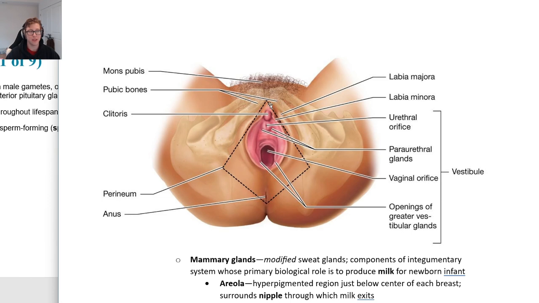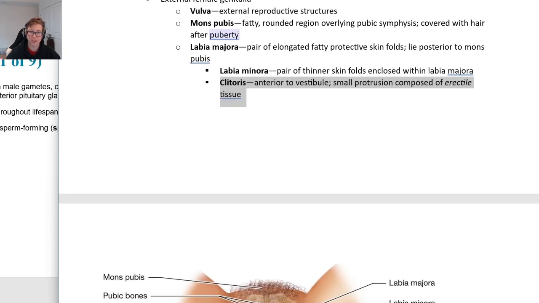So labia majora, labia minora, the clitoris. This is the urethral orifice, where the urethra, urinary system, the vaginal orifice, which leads into the vagina, the perineum, which is this section here, and the mons pubis, which hides behind the pubic bones. External female genitalia.